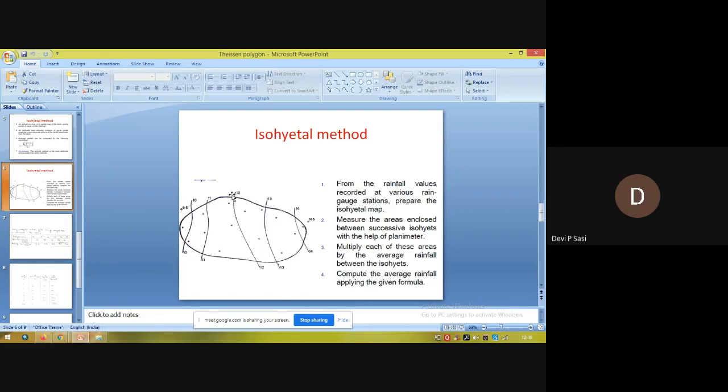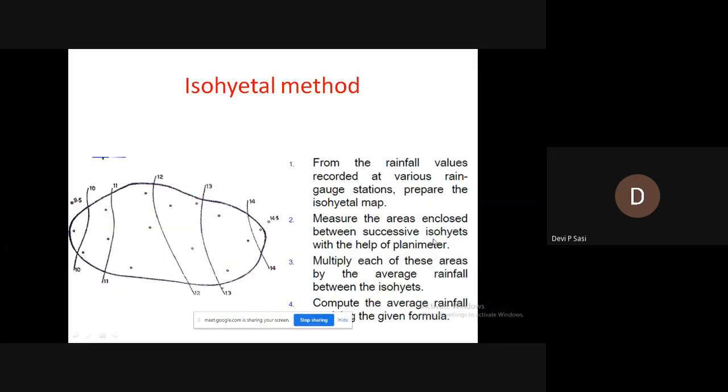The second step is to measure the areas enclosed between successive isohyets with the help of a planimeter.